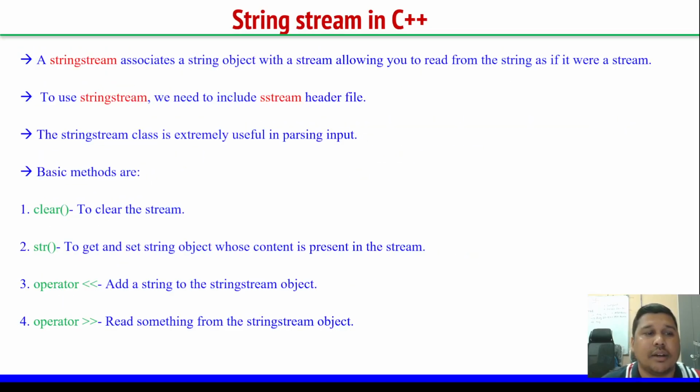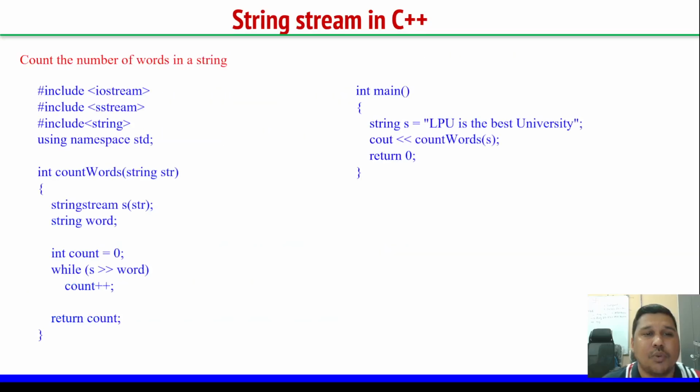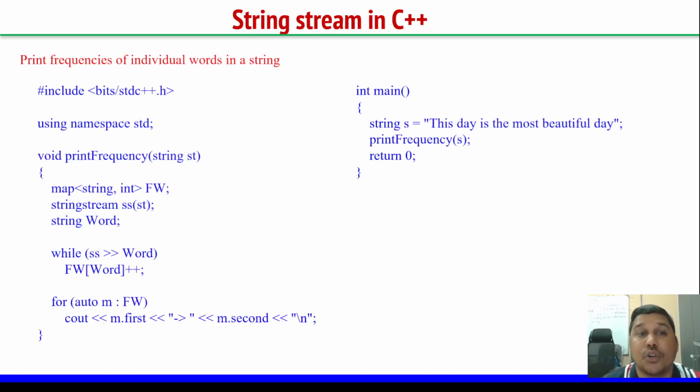So, three main advantages of string stream. One is to find examples of string stream class usage. If you want to count the number of words, or count the frequency of each word, these are very popular programs asked in competitive exams or placement level exams. Given a string, find out the frequency, sort the strings in terms of their frequency.